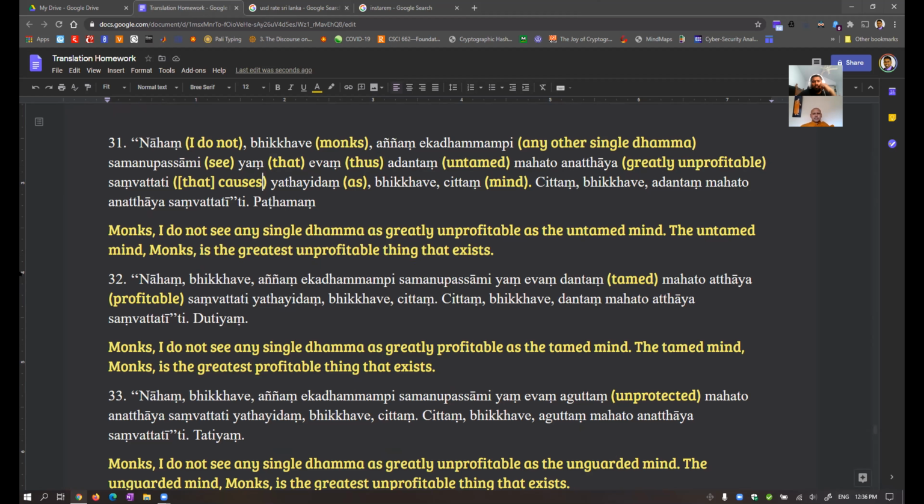If you just focus on the meaning exists, it exists for great unbenefit, great anarthaya, that you can understand. The other way to look at it is that it causes great harm. Makes sense. You want me to change it to causes? We can move to causes. I think I like causes. I'll change the color so I know the change I need to make.